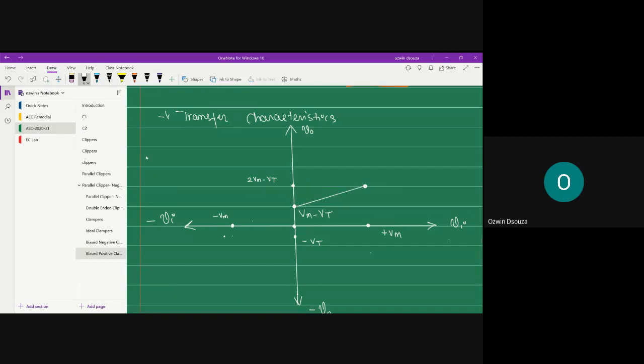Somewhere here you can join. So that's your transfer characteristics.